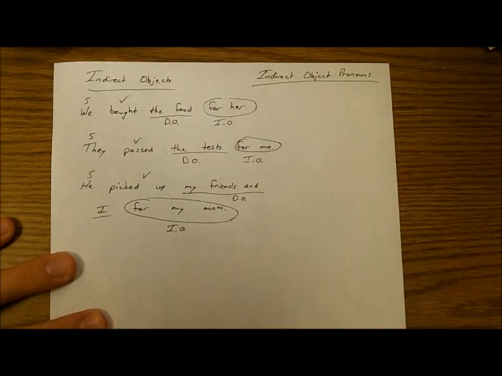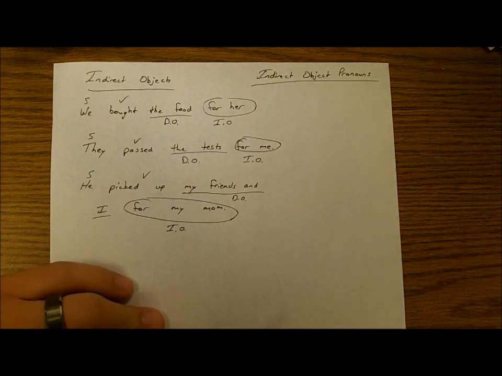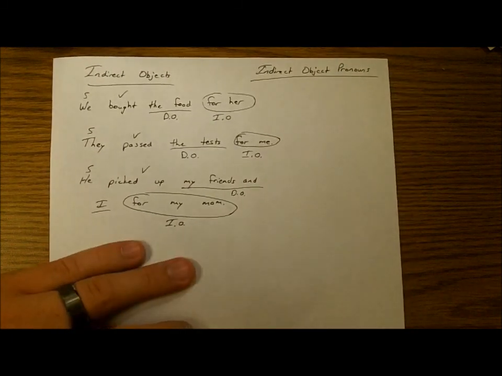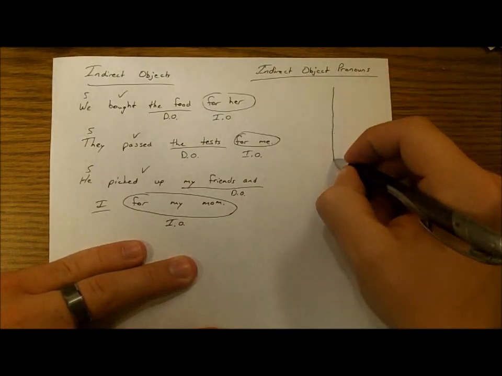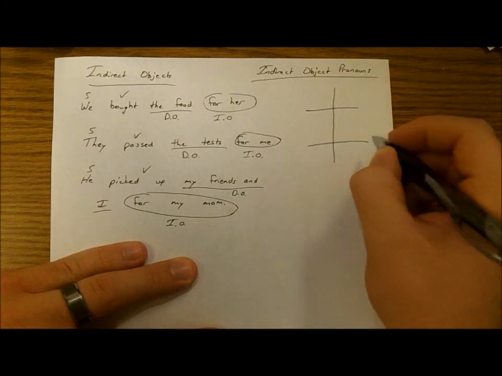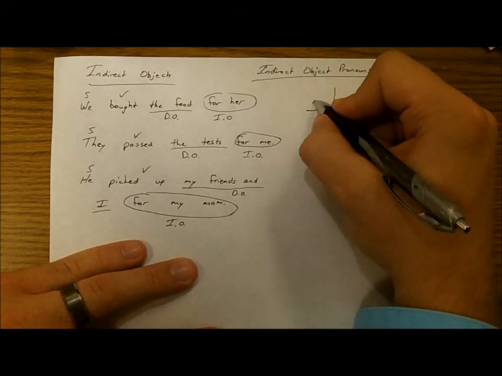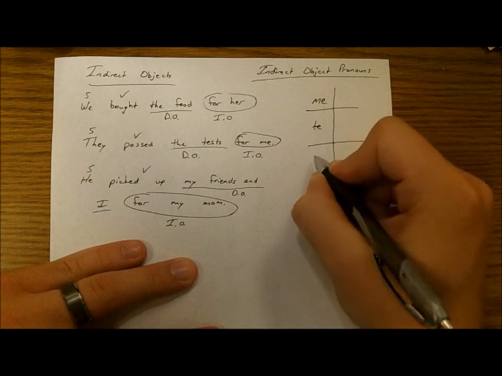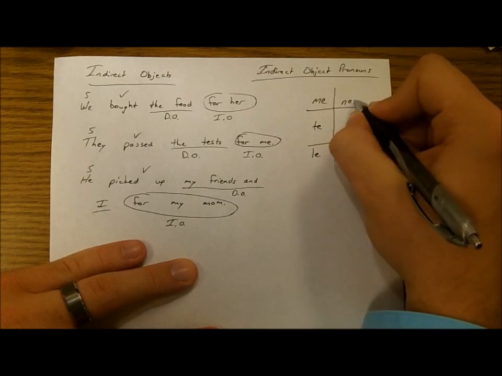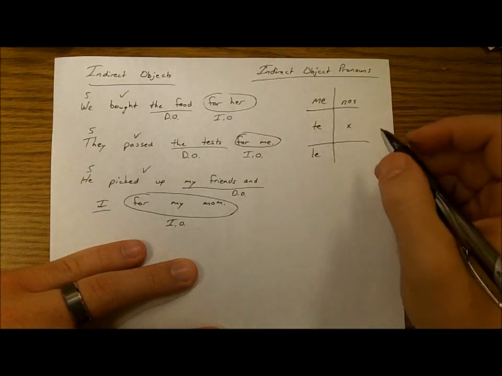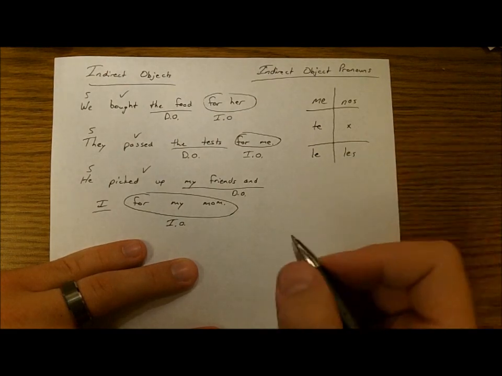Now, let's learn how to change these indirect objects into pronouns, just like we did with direct objects. So, first of all, we're going to need our chart. At the top, we're going to have me, te, le, nos. Remember, we're skipping the vosotros just for right now. And les.